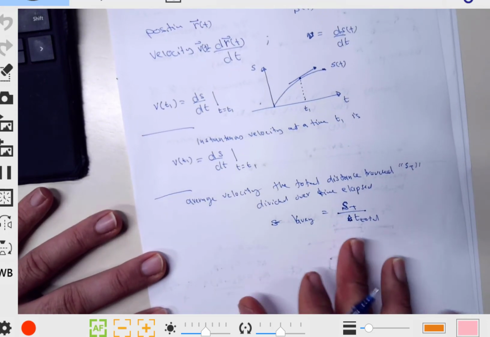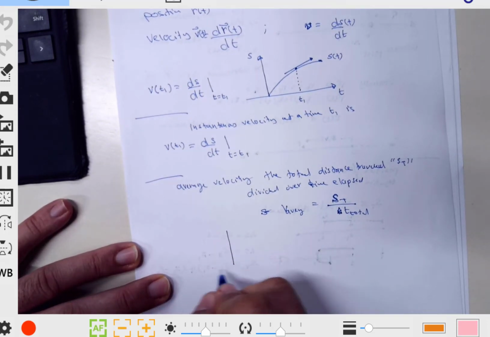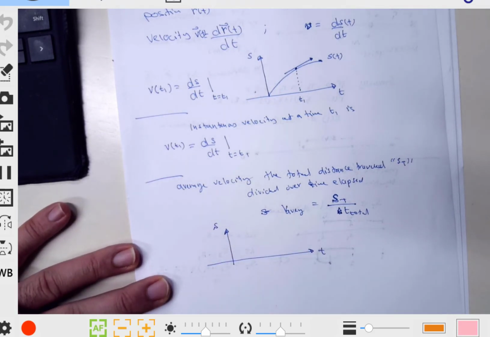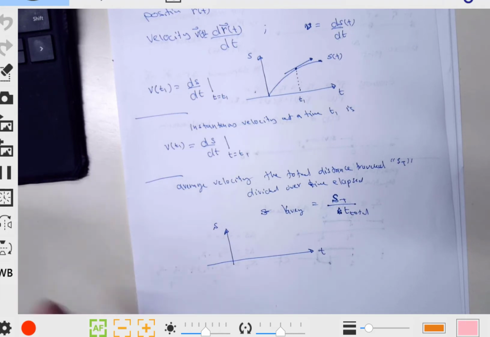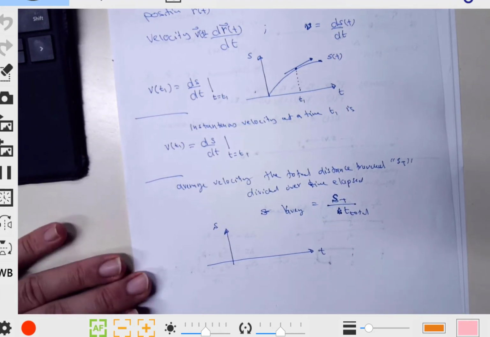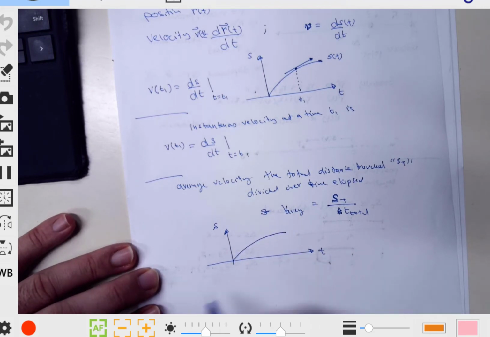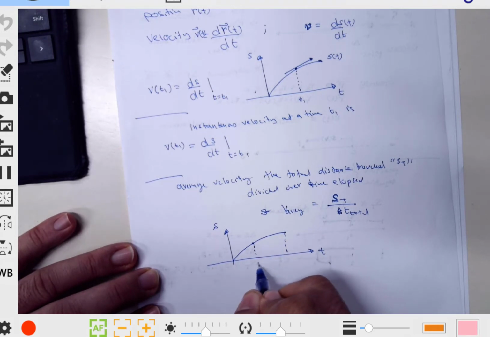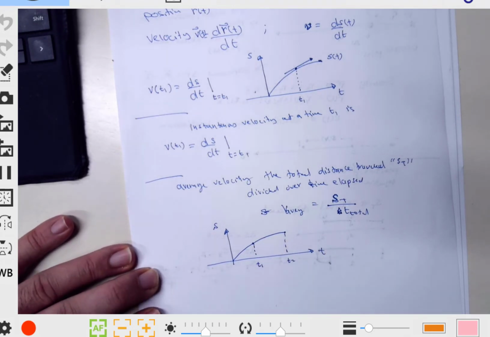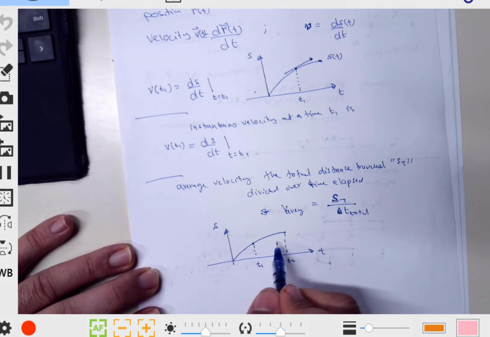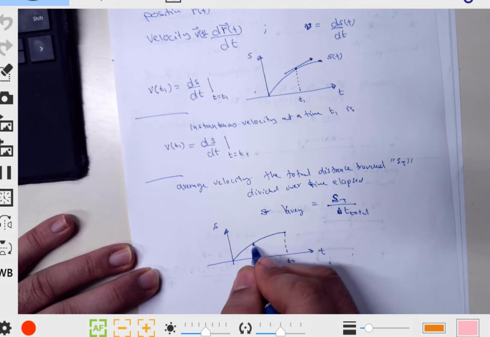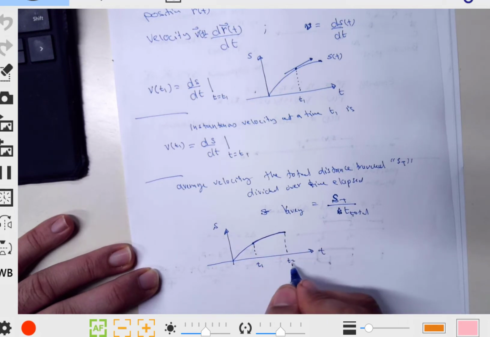Let's focus on that a little bit. I'm going to give you this. I know this looks a little bit like high school problems, but this is a refreshment because we're going to move fast. If I give you this profile, and this is the particle movement, at time 1 and time 2, and I ask you to calculate the average velocity of this object as it's traveling from t1 to t2, simply we're going to say it's the total distance traveled, which is this distance, over the total time, which is t2 minus t1, right?